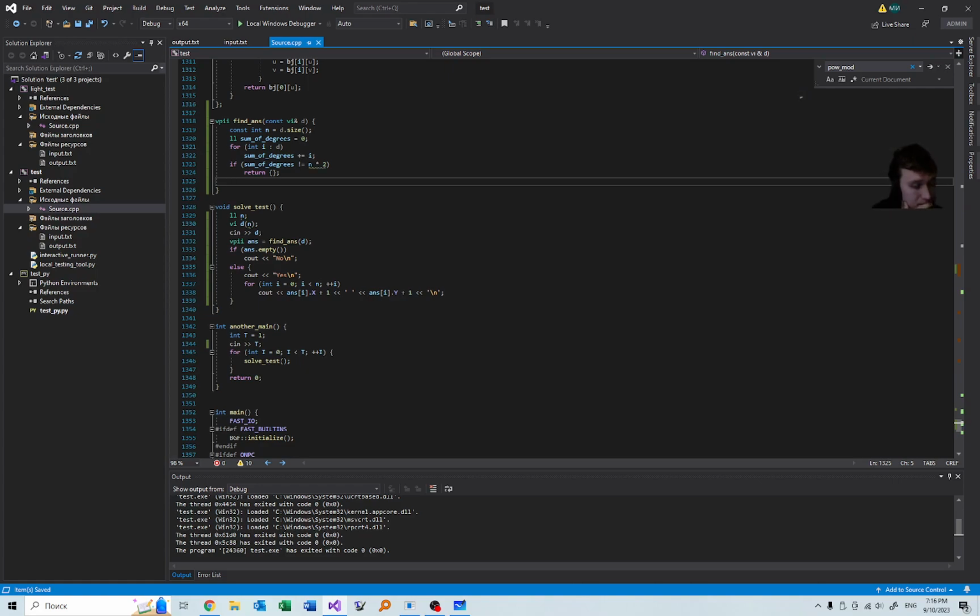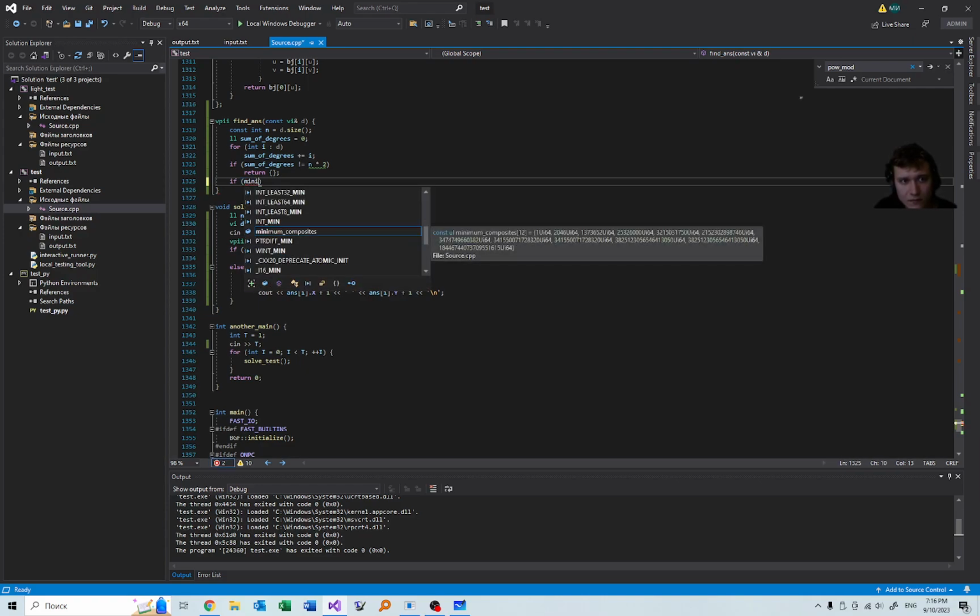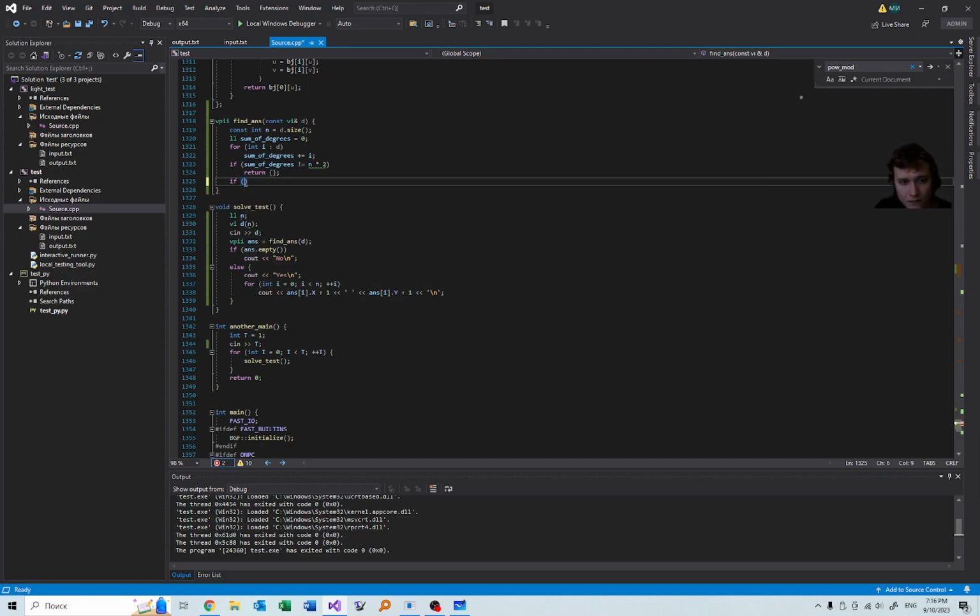What next? So now we need to find... So let's find the min element of d. And if it is 2, then we just need to make a Hamiltonian cycle.